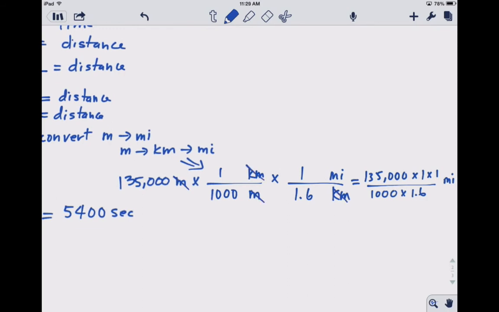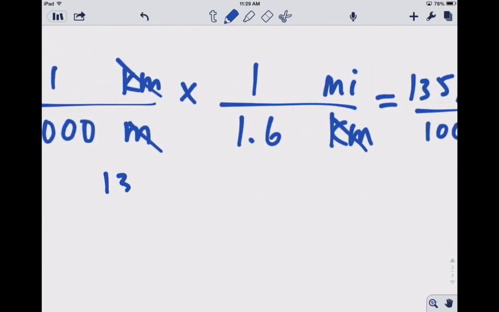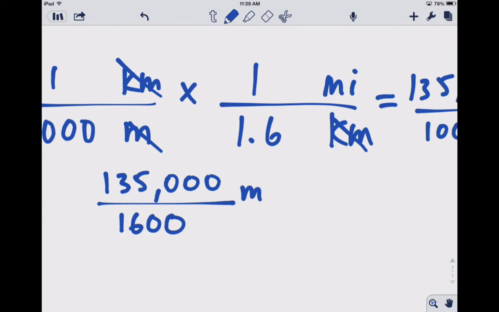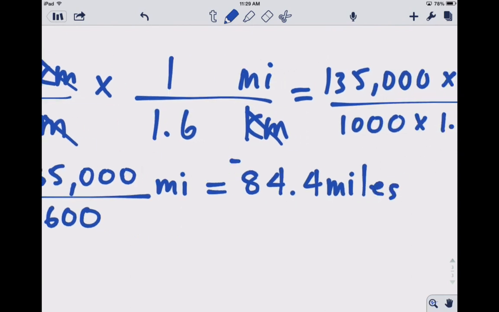And so the final answer is going to be 135,000 divided by 1,600. And that's going to be in miles. And that's 84.4 miles. And there you go.